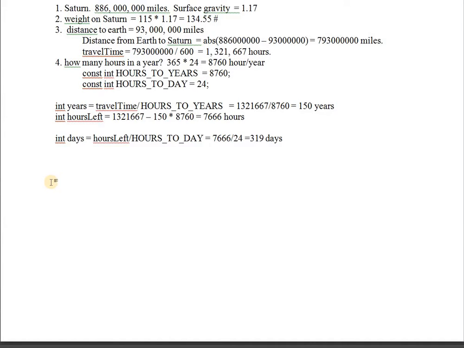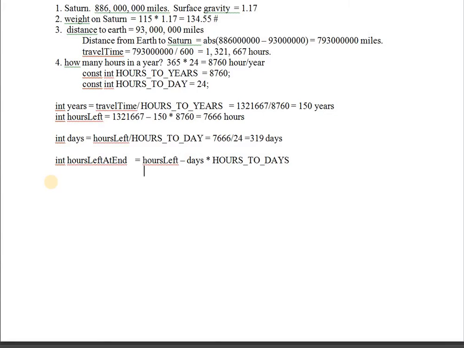So hours left at end is going to be hours left minus days times hours to days.